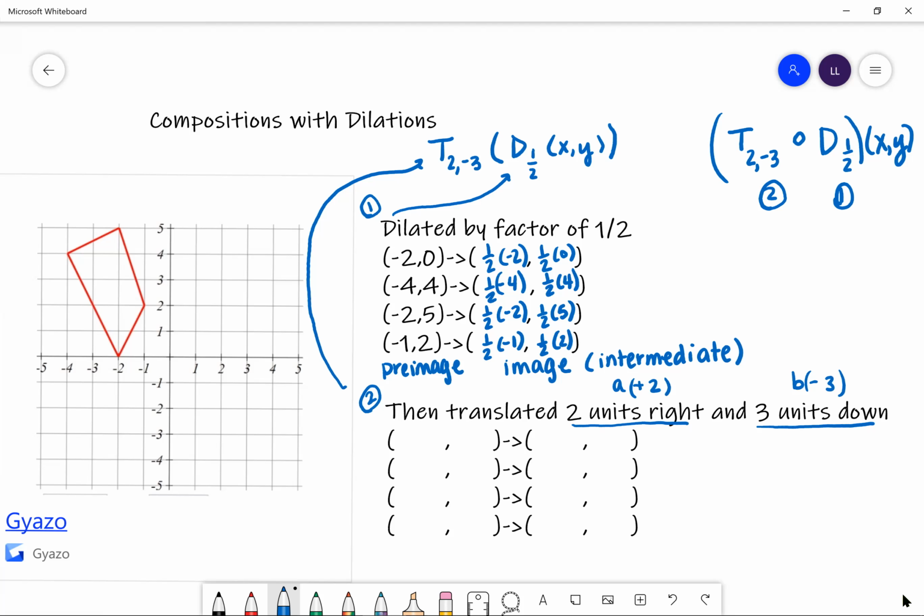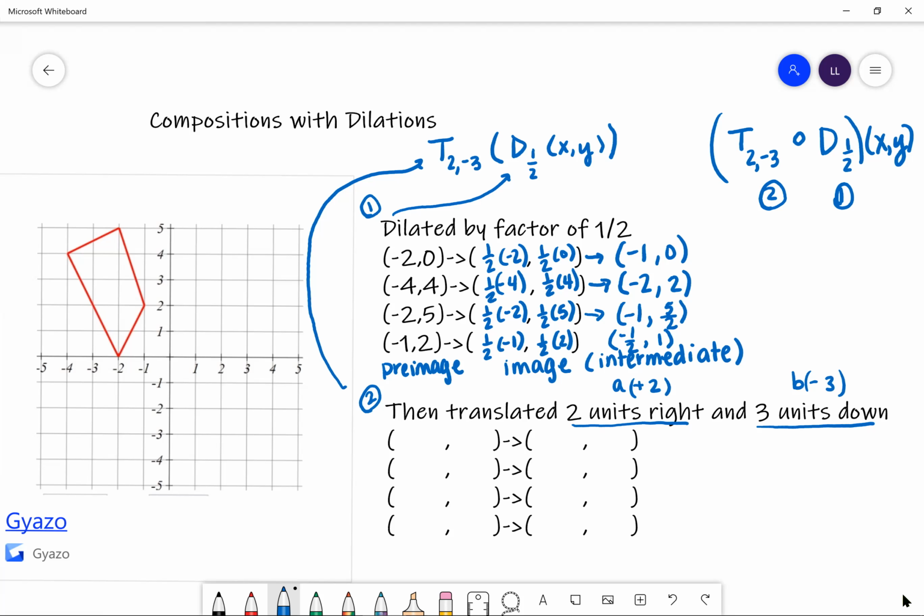So our new points are going to be: 1/2 of -2 is -1, 1/2 of 0 is 0. 1/2 of -4 is -2, 1/2 of 4 is 2. 1/2 of -2 is -1, 1/2 of 5 is 2.5. I'm going to leave it as a fraction, 5/2. And then 1/2 of -1 is -1/2, and 1/2 of 2 is 1. So that's our intermediate points.